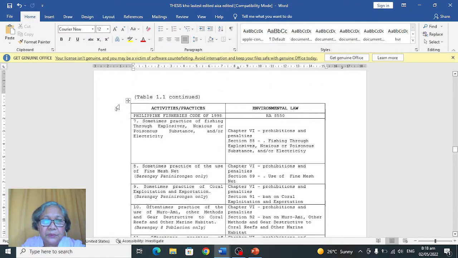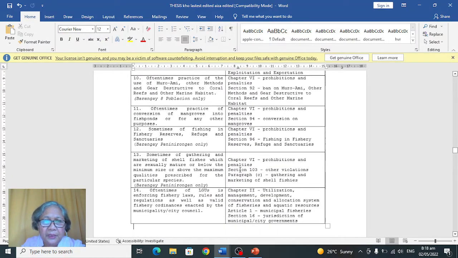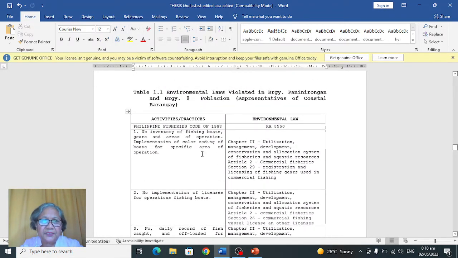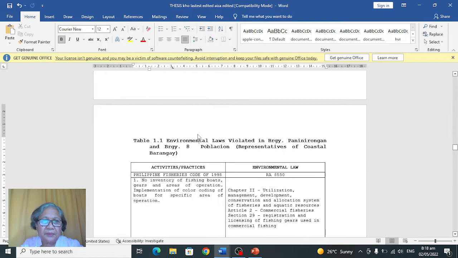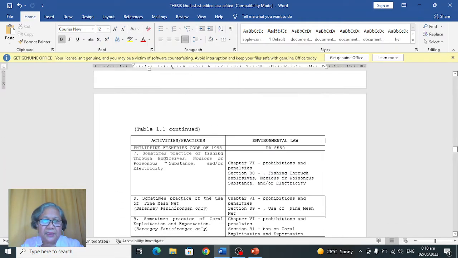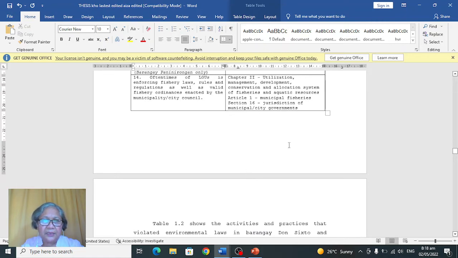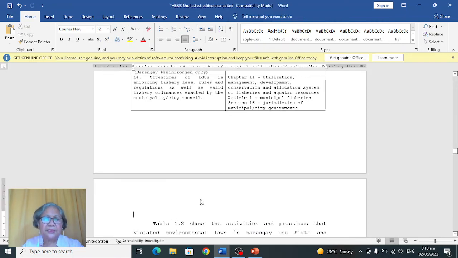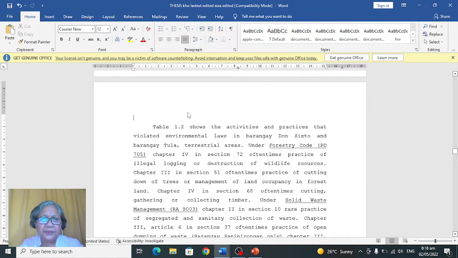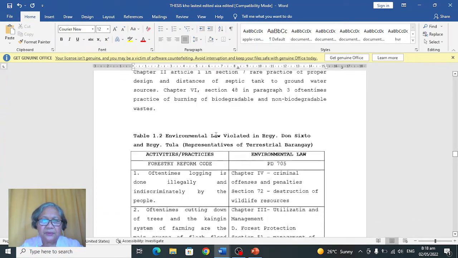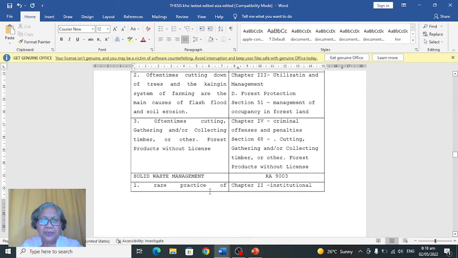You have to copy the whole table and then cut what has already been, delete what has already been presented in previous page, and then continue. Tapos hanggang dito, cut again, and then continue to the next page. Then after the table, of course, is the discussion. Continued ang discussion. So, the same din yan.